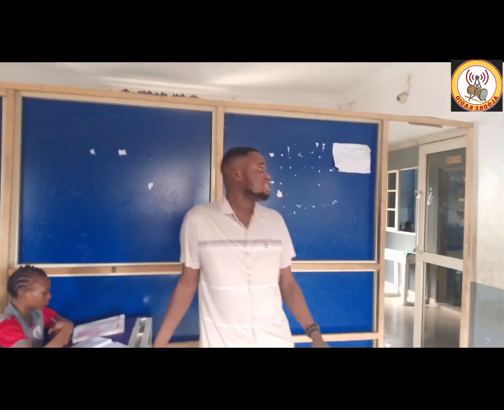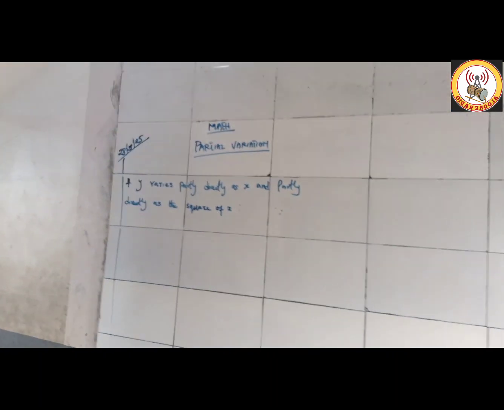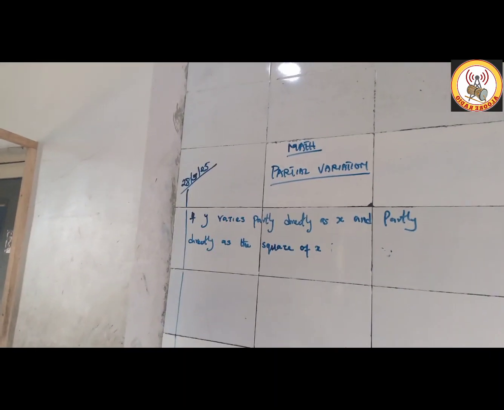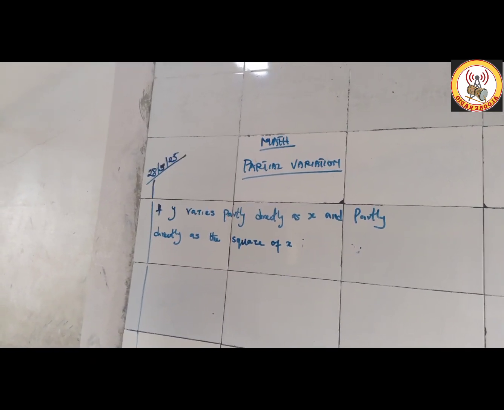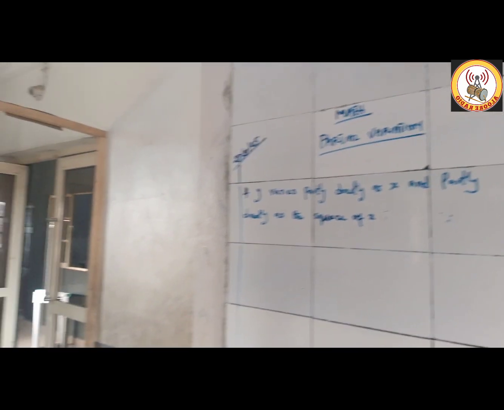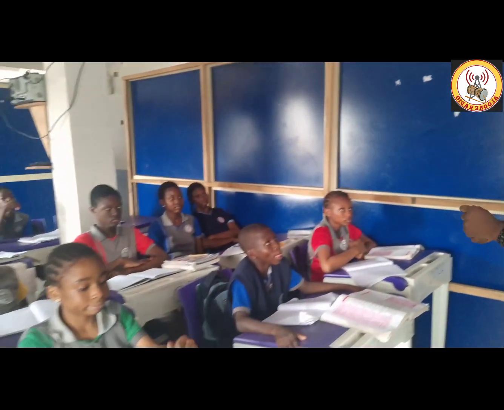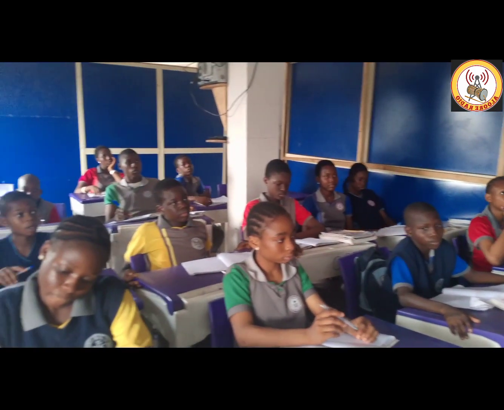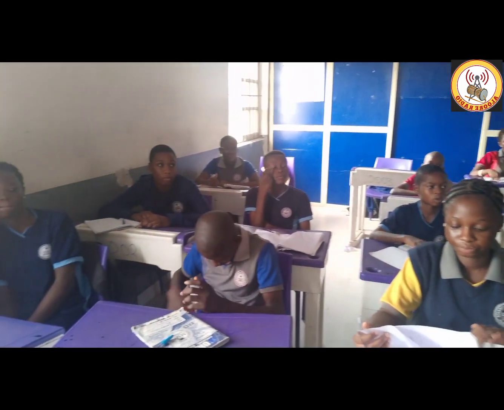To get our constant, they give us this: if y varies partly directly as x, and partly directly as the square of x. I told you we are having two constants. And you can make your constants in letters you are convenient to work with.